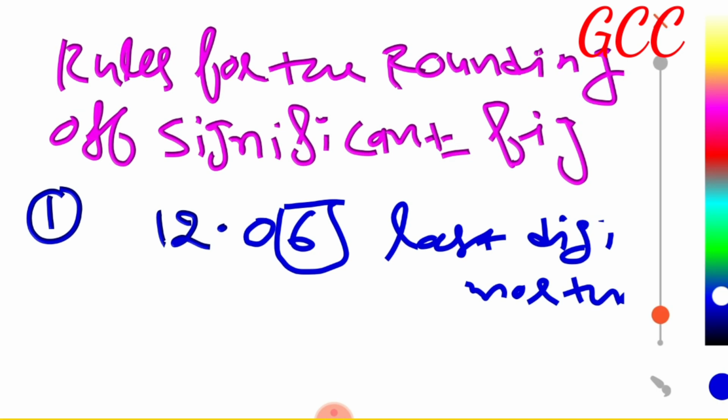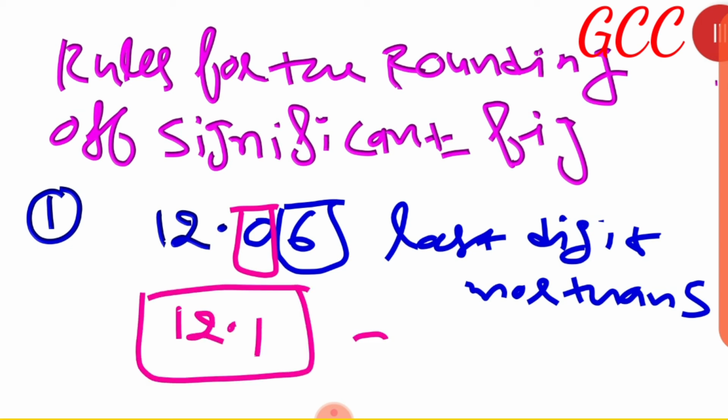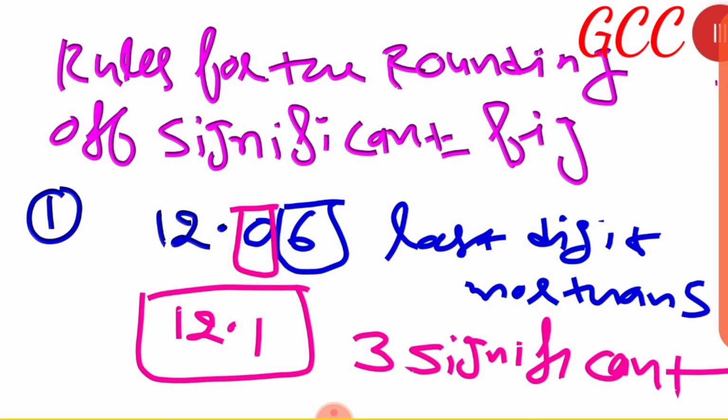If the last digit is more than 5, then what will happen there? Then they are saying the successive digit, this one, will be increased by 1. So it will become 12.1. And there will be 3 significant figures. Is that clear, beta? When the last digit is more than 5.